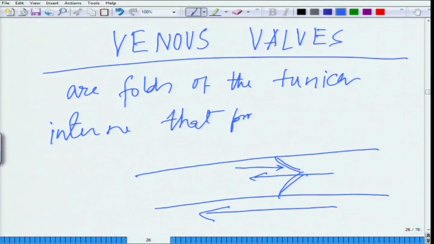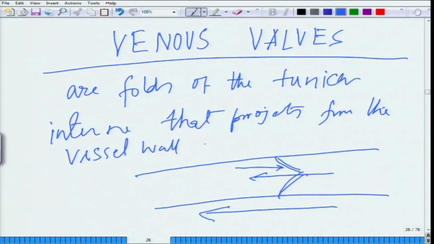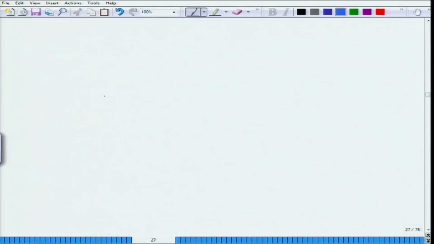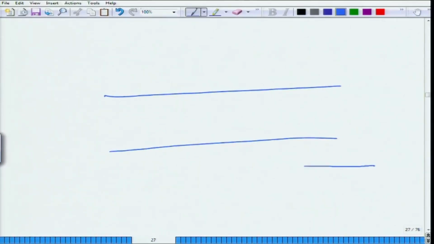Okay. So, basically they are the folds of the tunica interna that project from the vessel wall and point in the direction of the flow. In other words, what does that mean? If this is the vessel and the blood is flowing in this direction, initially they all look like this.